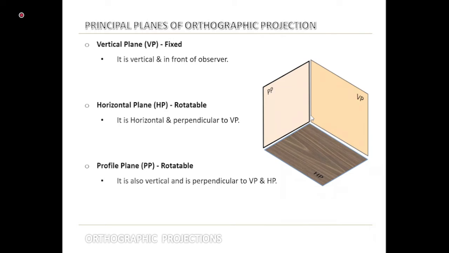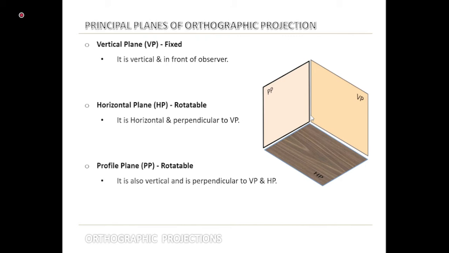So this is one characteristic about all these three planes. I want you to remember very vividly, vertical plane always remains fixed. Horizontal plane can be rotated. Profile plane also can rotate. Now the question comes, if you rotate the horizontal plane, what could be the sense of rotation?